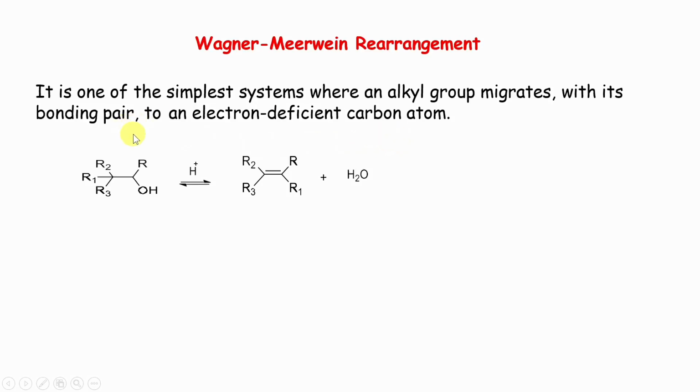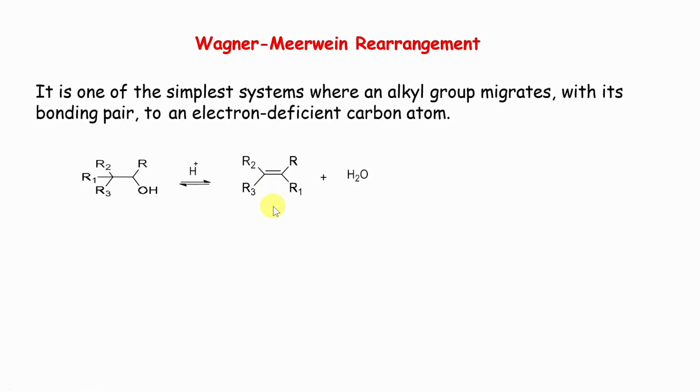For example, if you treat an alcohol with an acid, an alkene is obtained with a rearrangement involving the migration of an alkyl group from one carbon atom to another, a 1,2 shift.